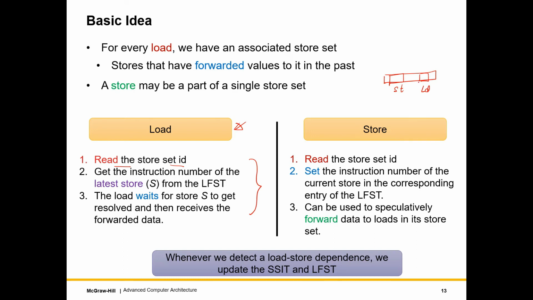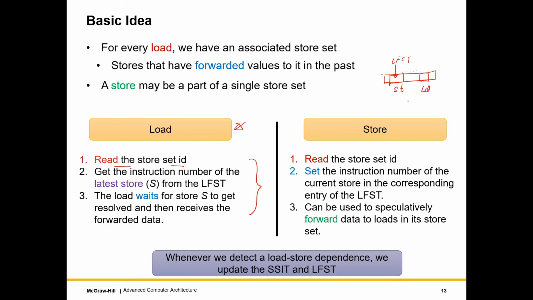The moment we enter a load, if we know the LFST, the latest store of the store set that this load is a part of, then the load can simply probe the store queue and find the entry in this, that is the latest fetched store.